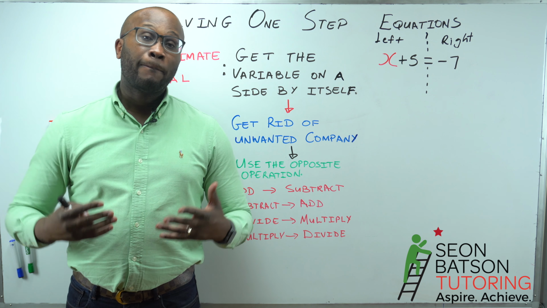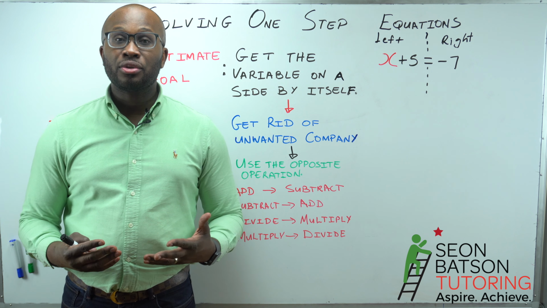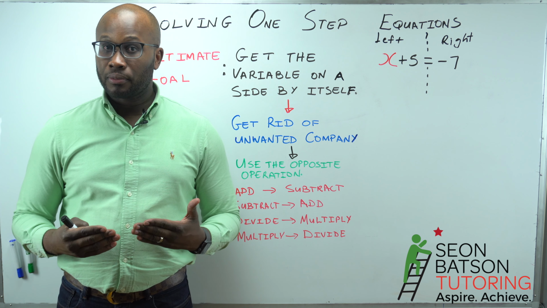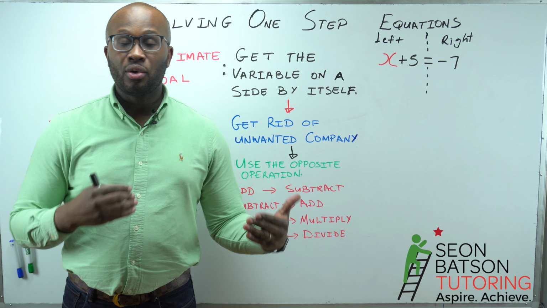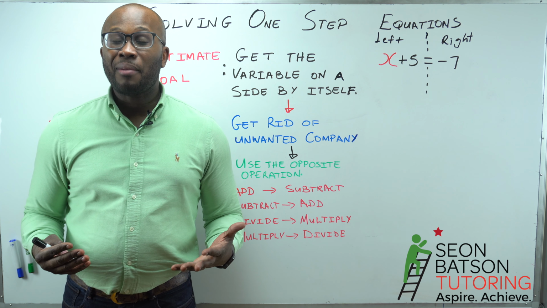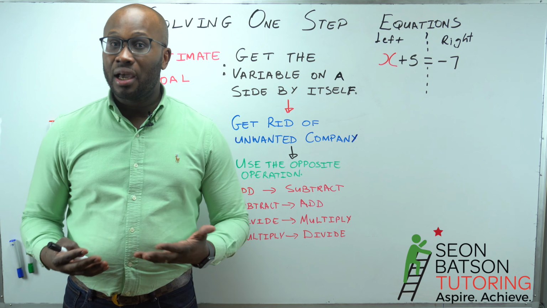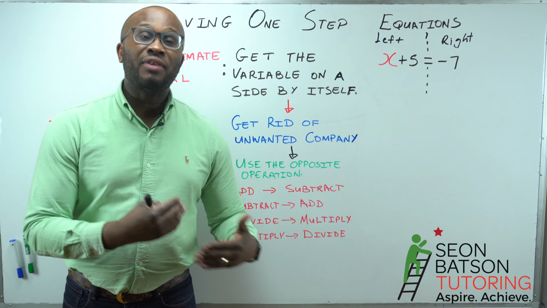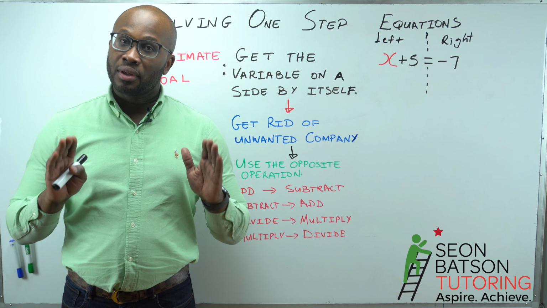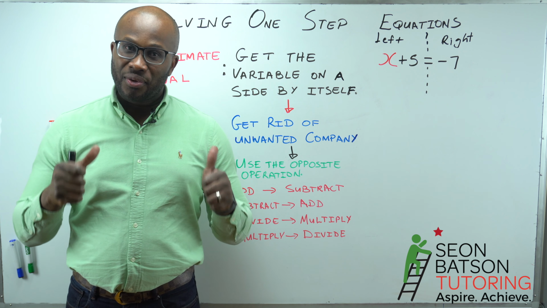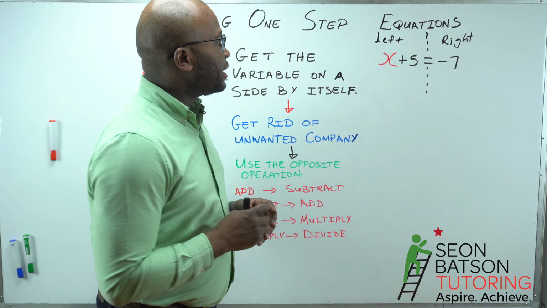For example, if the opposite operation is to subtract 4, we must subtract 4 from both sides of the equation. If the opposite operation is to add 5, we must add 5 to both sides of the equation. So far, so good? Great. Let's go to our first example here.